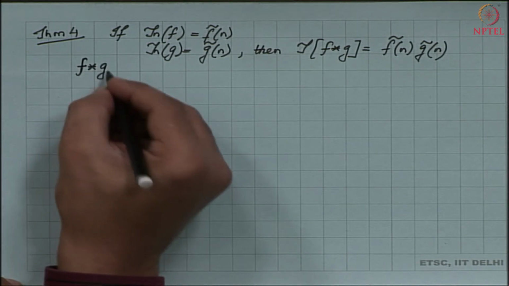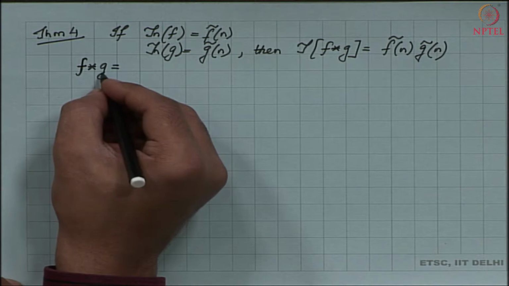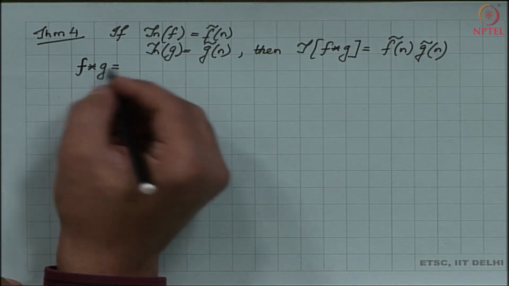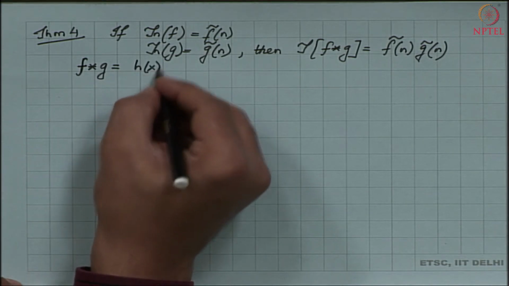So, what I have is where my convolution in this case is defined in a specific manner. My convolution of f with g, I define it equal to h.